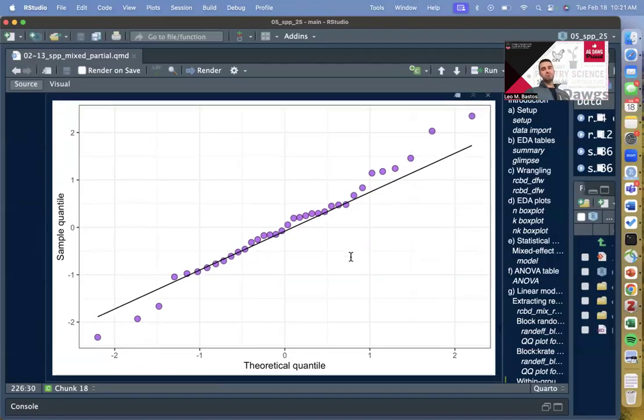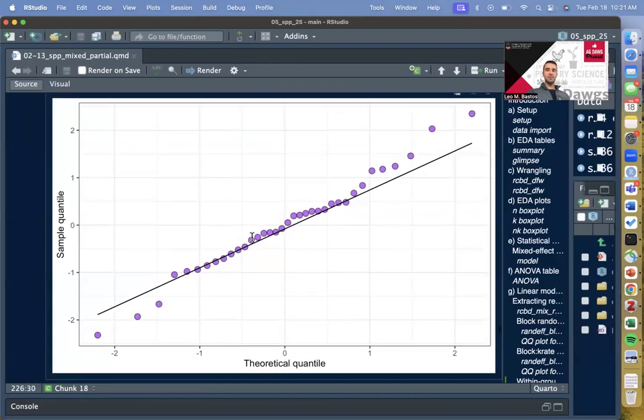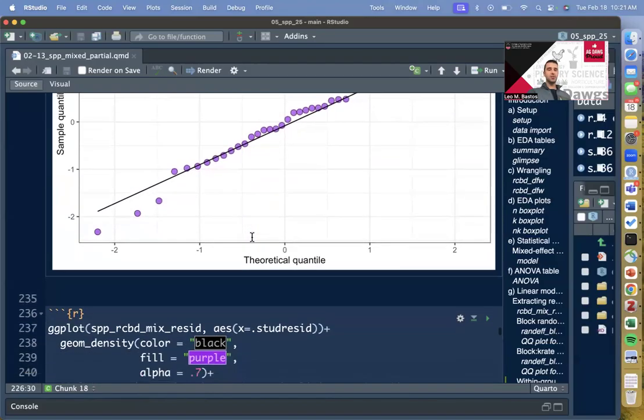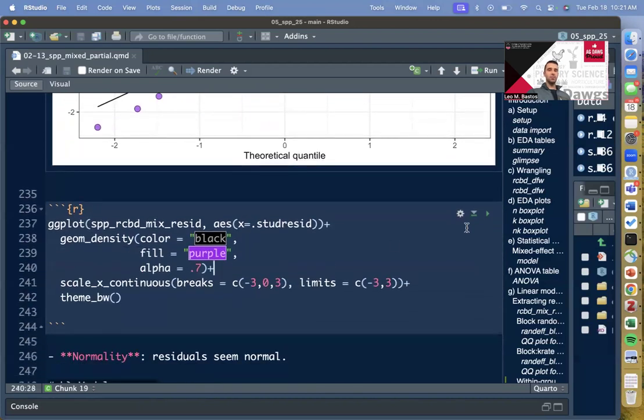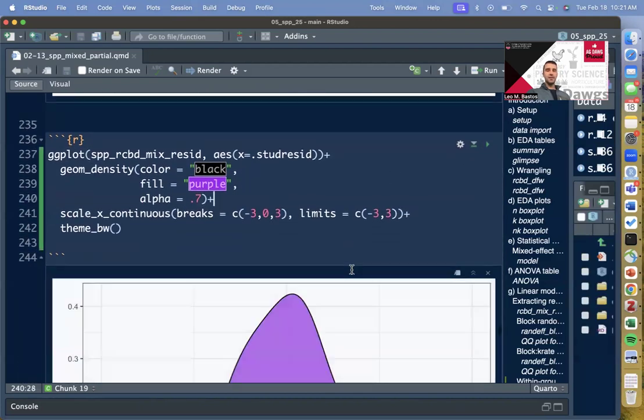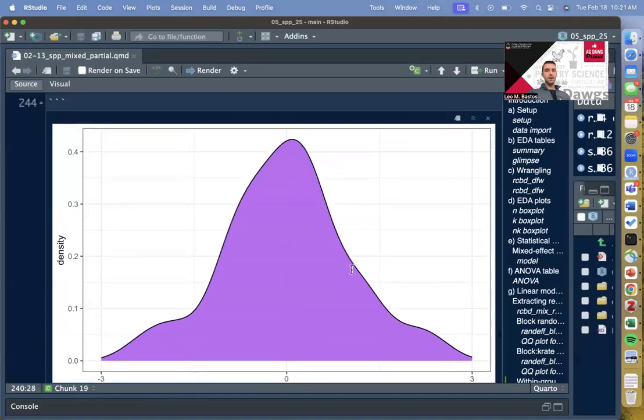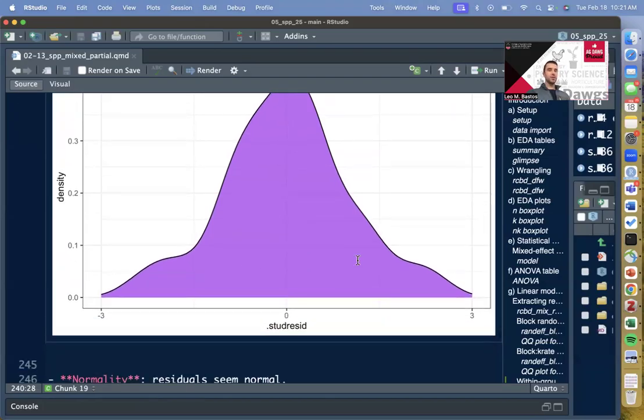Here again, there is a slight deviation on the tails of the distribution, but it doesn't seem like something for us to worry too much about. So I would say they look normal. If we do that density plot, same way. Maybe the tails are a little bit higher than you would hope, but I don't think we're violating any assumptions here.